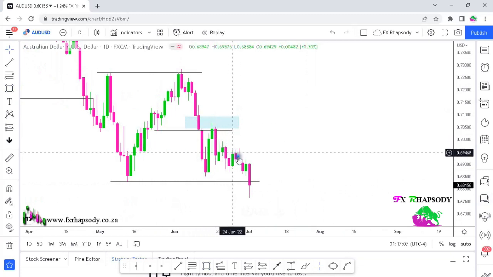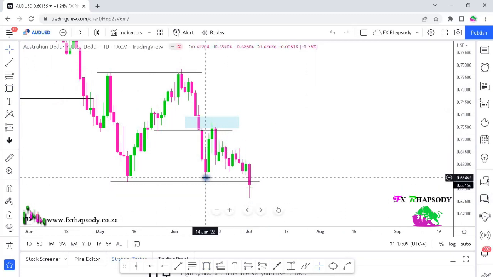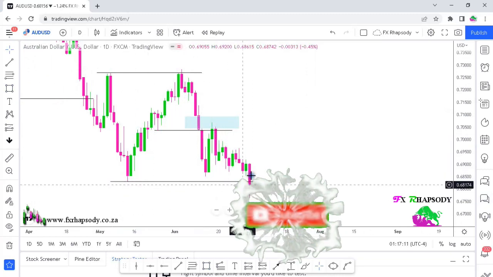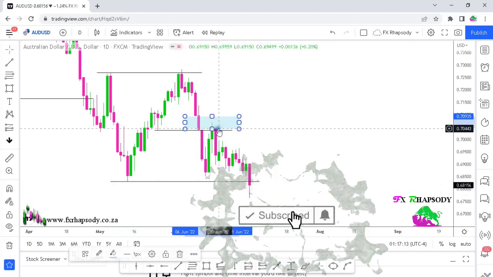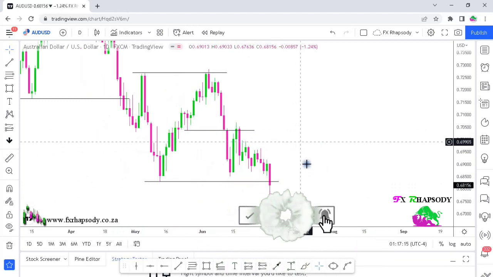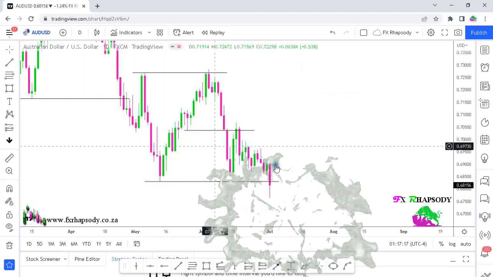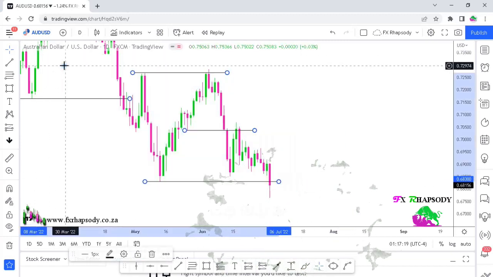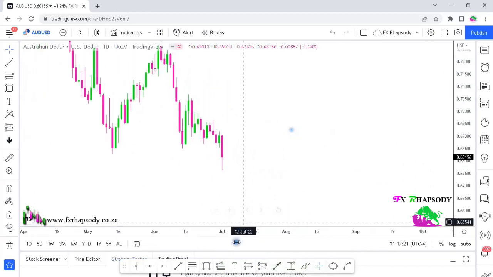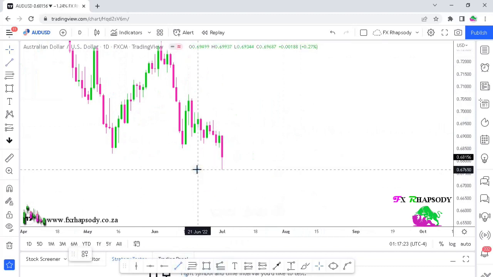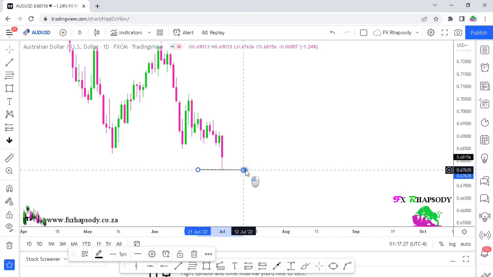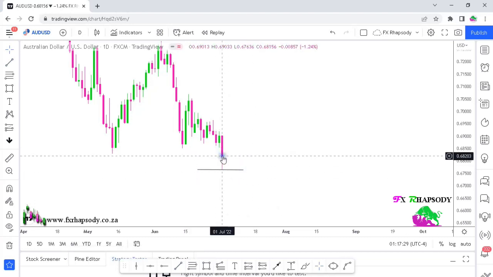And then we saw price tapping into the previous low liquidity area, and that is what price action does. So currently we are looking at price hitting a low, retracing after tapping into that liquidity. So we have got this low in the market that we're looking at.